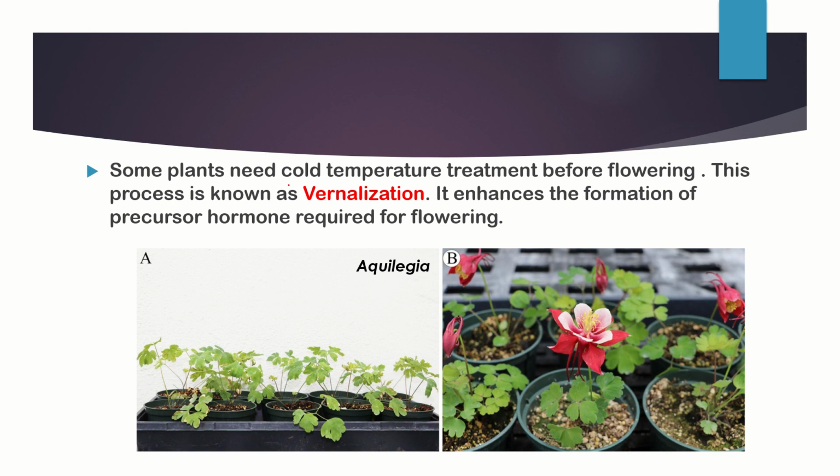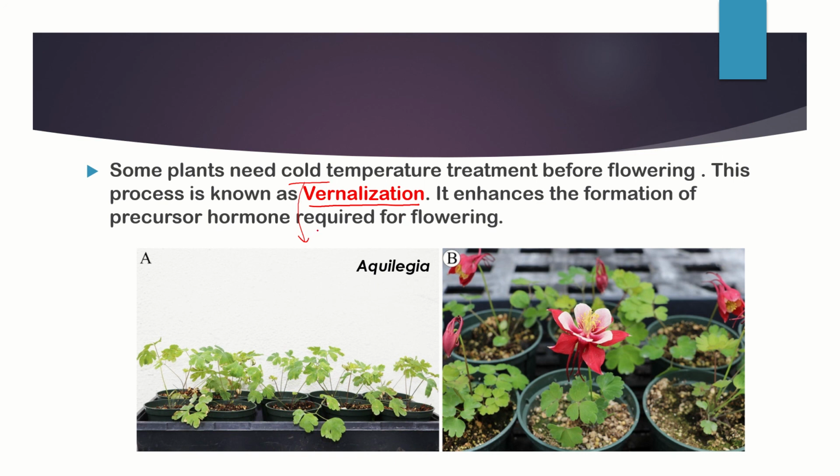But low temperature is a boon also. There are certain plants, and you people have studied this phenomenon, that require low temperature treatment before flowering. That is called vernalization. So we have observed in a number of plants such treatment is a must before flowering. Why?